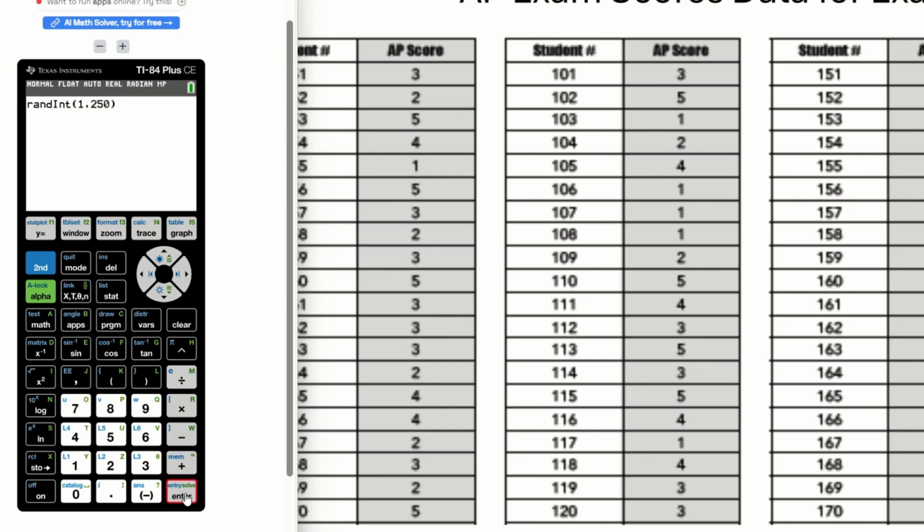My first is 200, so I'll write that down. Then hit enter again: 238, 56, 93, 2, 234.